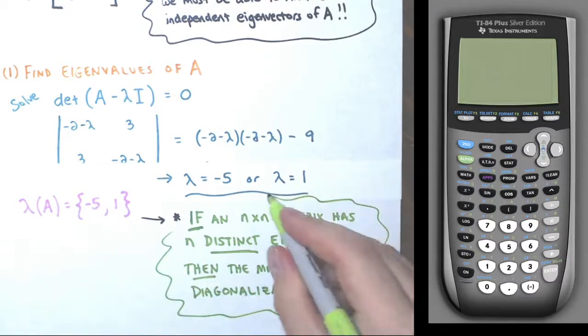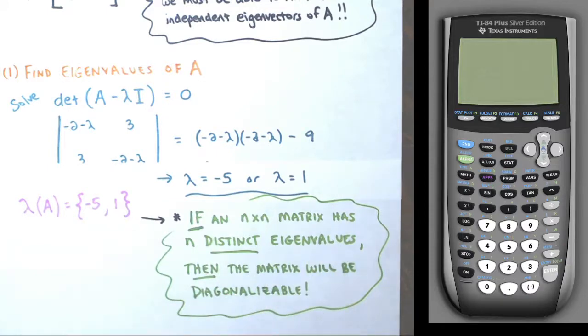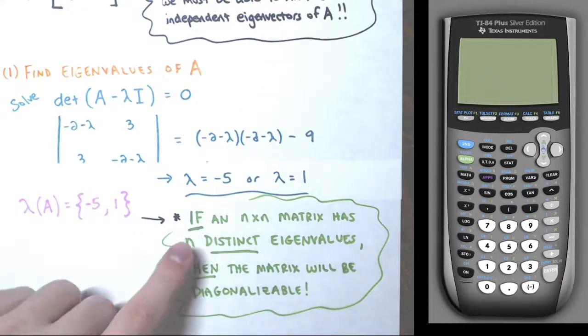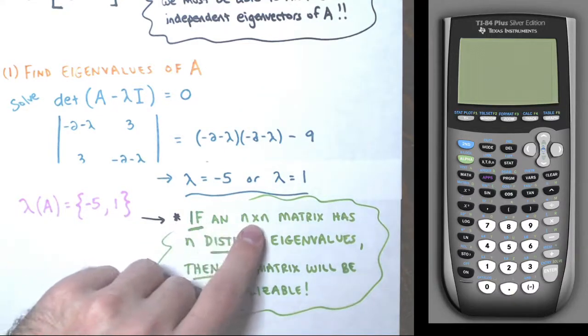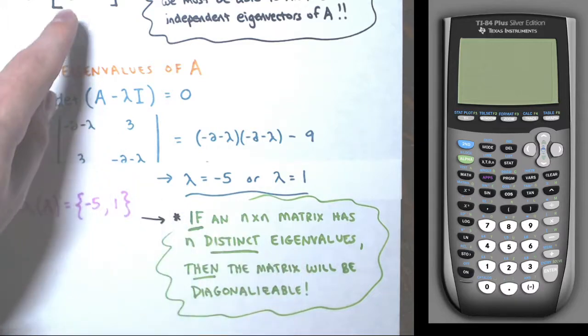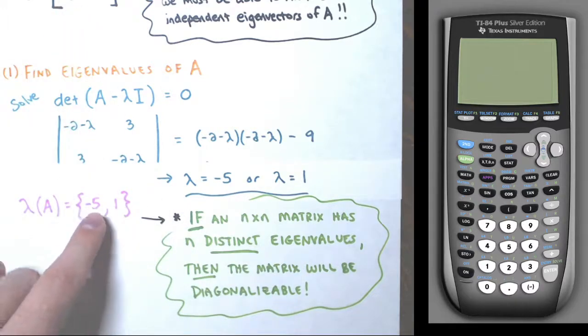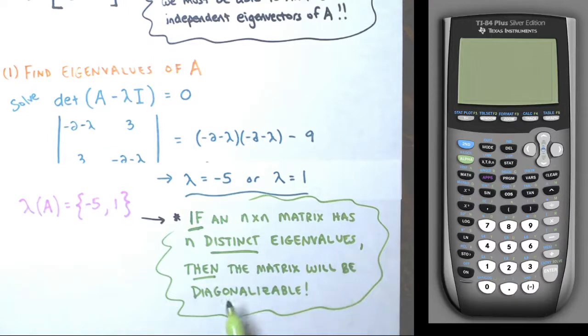Now, this is only going in one direction. Right? It's an if-then statement, not an if and only if statement. So if you see an n by n matrix with n distinct eigenvalues, like here, I have a 2 by 2 matrix with two distinct eigenvalues, then we know it's guaranteed that the matrix will be diagonalizable.